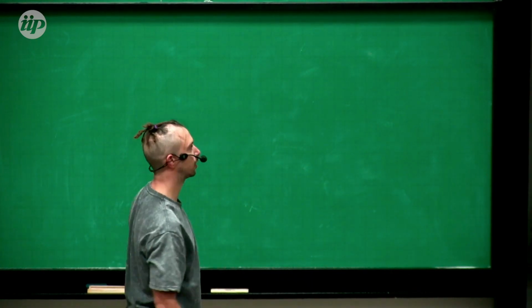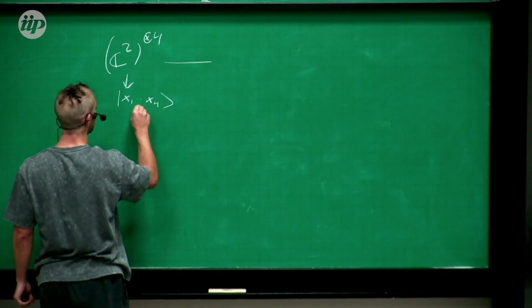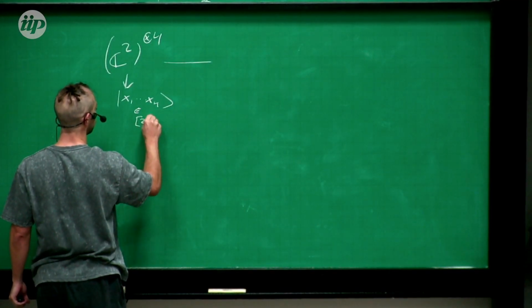This is a good example, I think. So the whole idea is that there is (C^2)^{⊗4}. This thing has a computational basis, right? x1 to x4, each x is like a qubit.